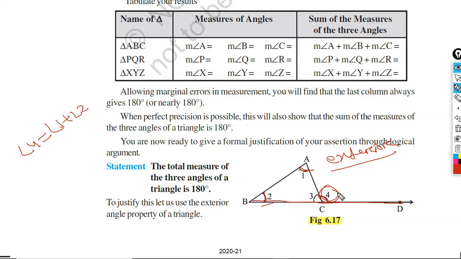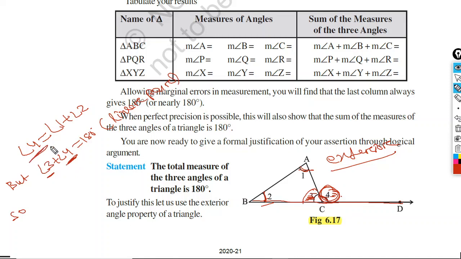But here angle 3 and angle 4 are a linear pair, so angle 3 plus angle 4 will be equal to 180 degrees. Why? Linear pair. So we can write angle 3 is there instead of angle 4.